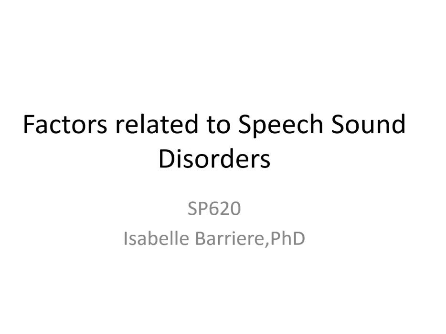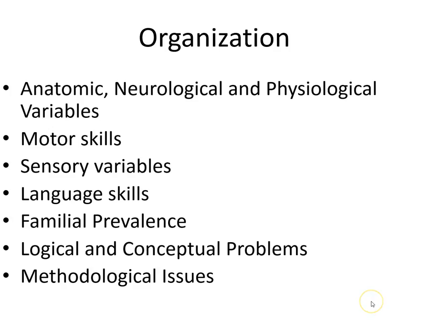So the first set of factors that I'm going to explore have to do with the anatomy, neurology, and general physiology, which of these factors may impact speech and articulation.